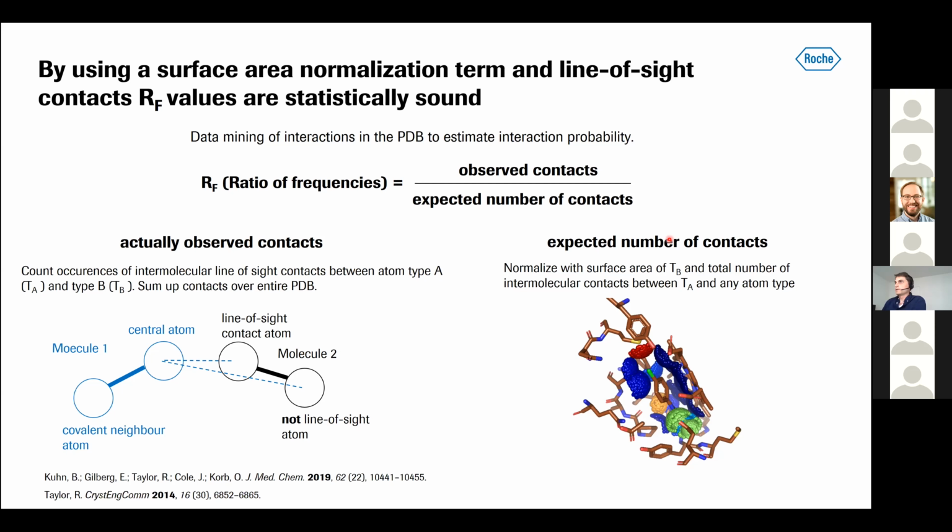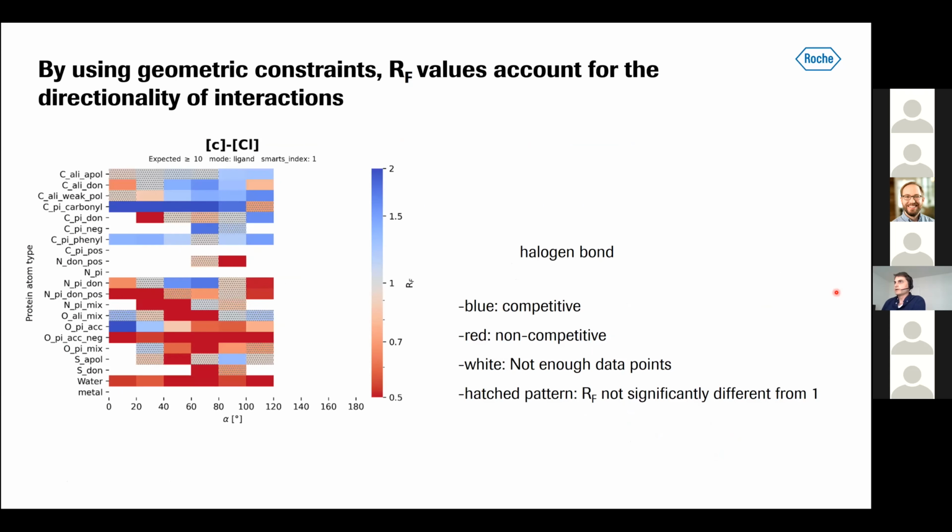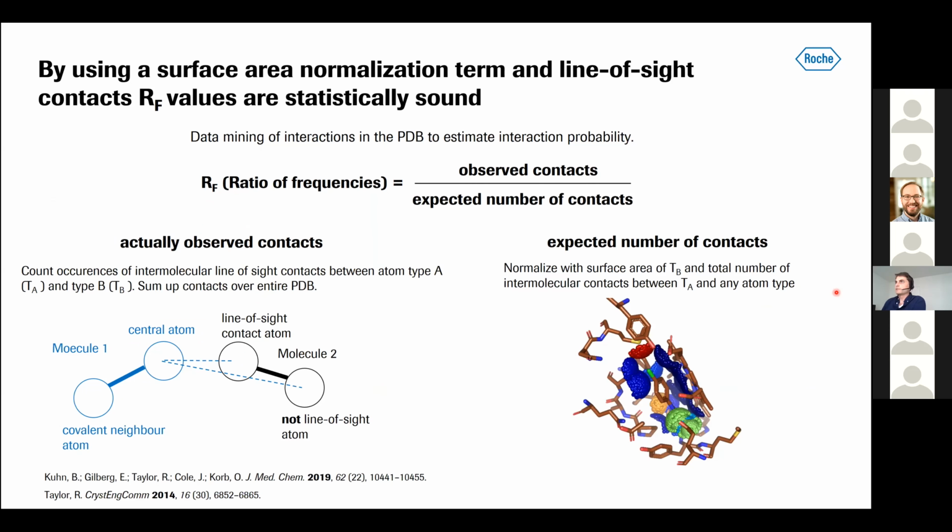And by dividing the observed contacts by the expected number of contacts, we come up with the ratio of frequencies, which, if it's higher than 1, indicates a favorable interaction, and if it's lower than 1, it can indicate simply an interaction that does not occur as often as one would expect based on the surface area.